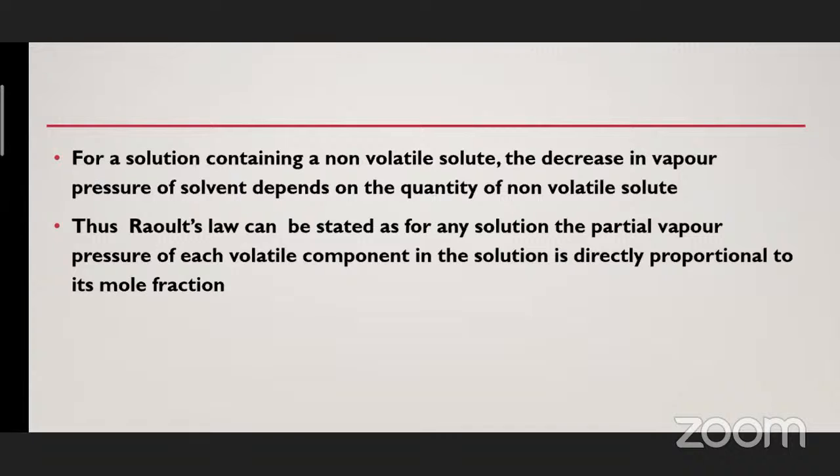Raoult's law can be stated as: for any solution, the partial vapor pressure of each volatile component in the solution is directly proportional to its mole fraction. So the lowering of vapor pressure is directly proportional to the mole fraction of the solute.